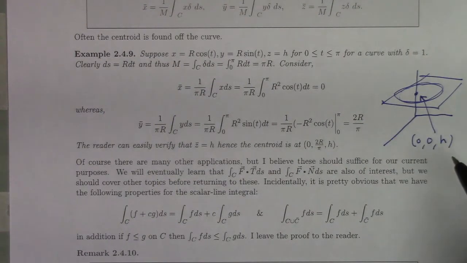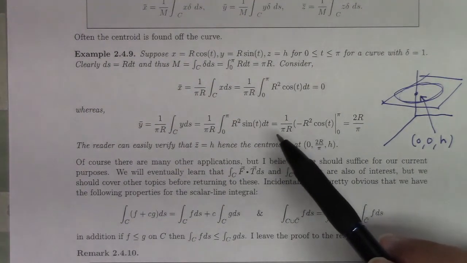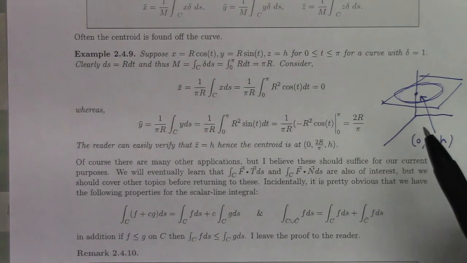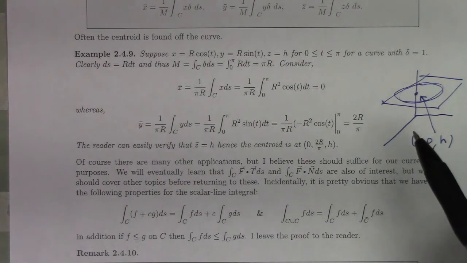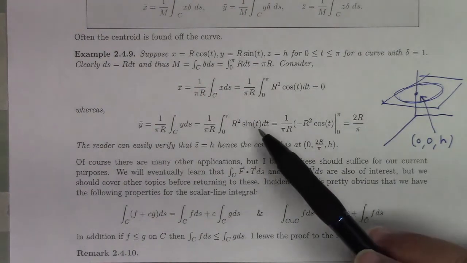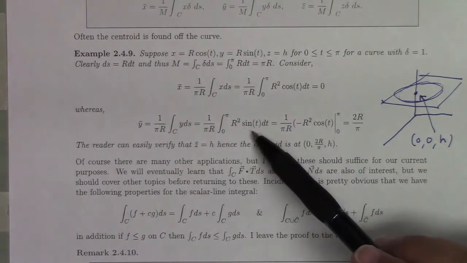I'm mystified that y bar worked out to 2. It just feels wrong. ds is r dt, y is r sine t, so I get that.